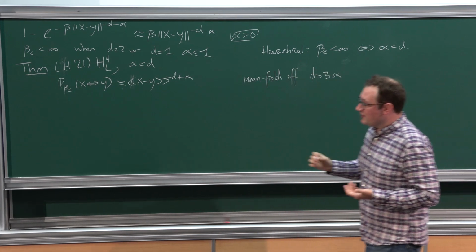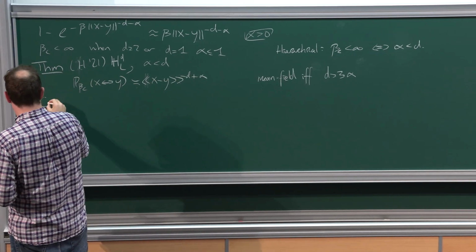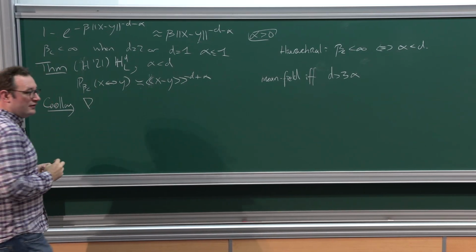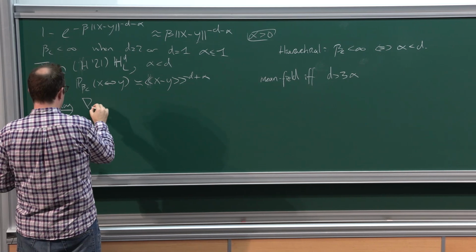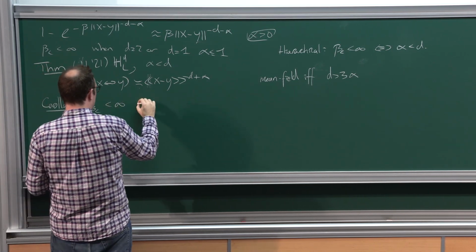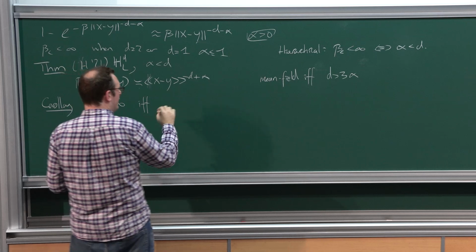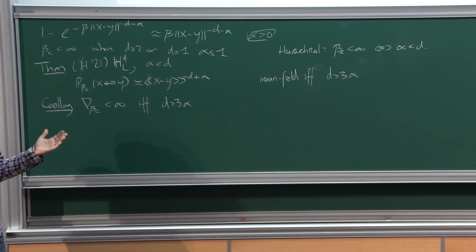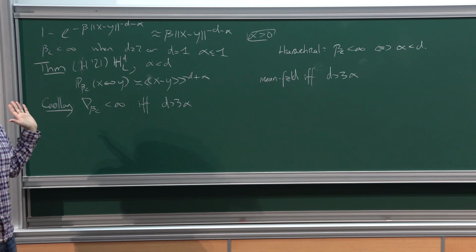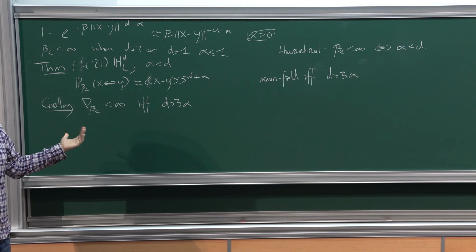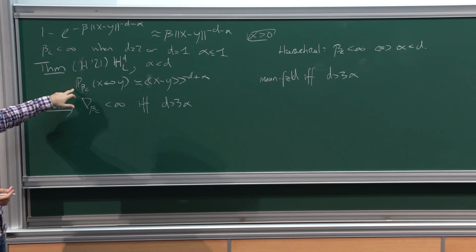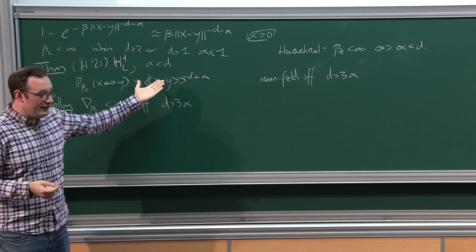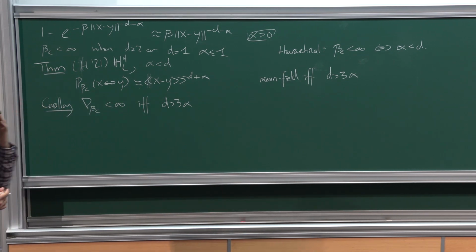In fact, it's a corollary of this that the triangle is finite if and only if d is bigger than 3 alpha. So in particular, the triangle condition being finite, as we discussed last week, is a sufficient condition for mean field critical behavior. You can just check that it converges exactly under these conditions. It's just a calculus exercise.